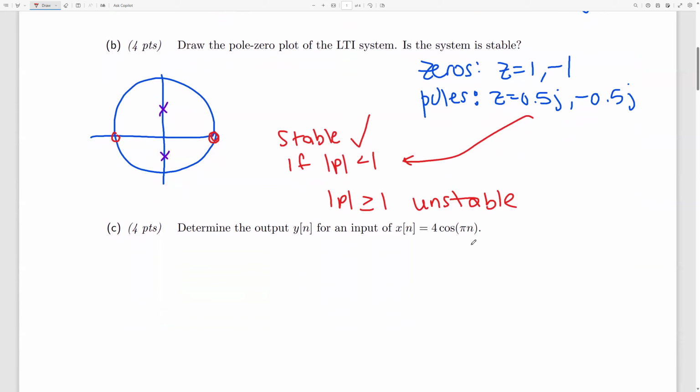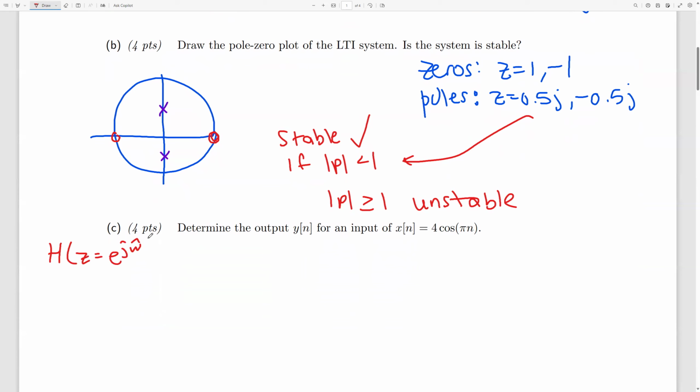Next, determine the output y of n for an input x of n equals 4 cosine pi n. How you think about this is you think about the relationship between the z transform and the DTFT is that, well, first, you want to consider H of z, which is related to e to the j omega hat.